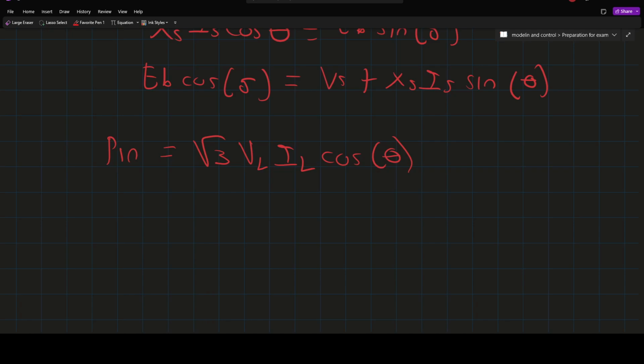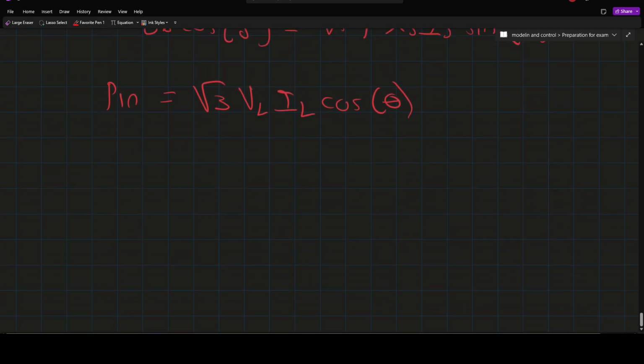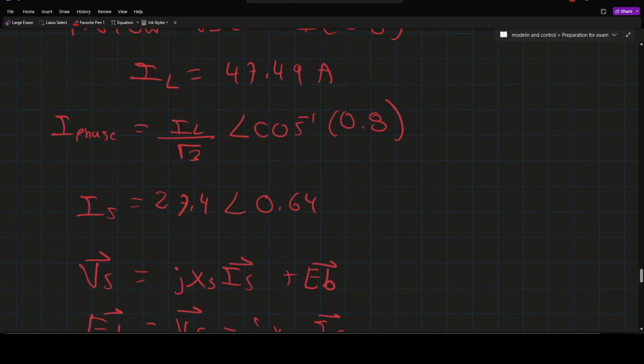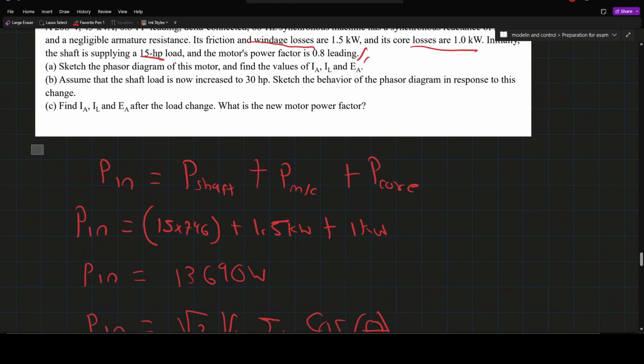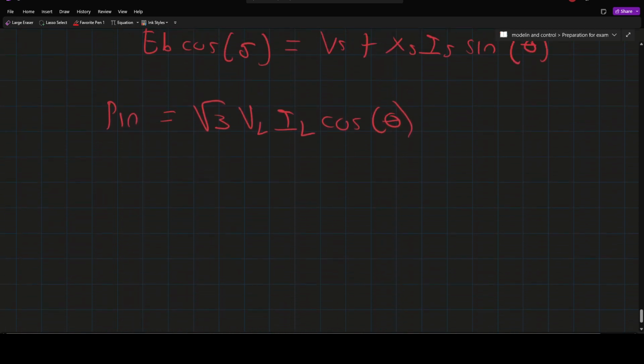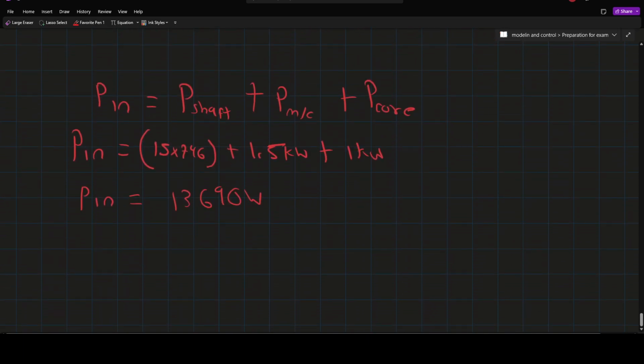We know that our power in changed, because before we had this, but now we change this to 30. And when we do the change, we get a new power of 24,880 watts.